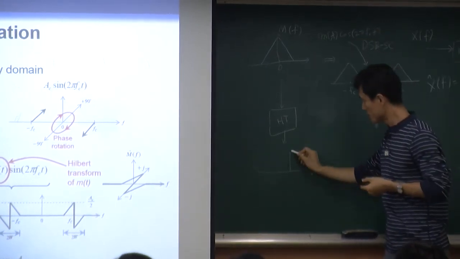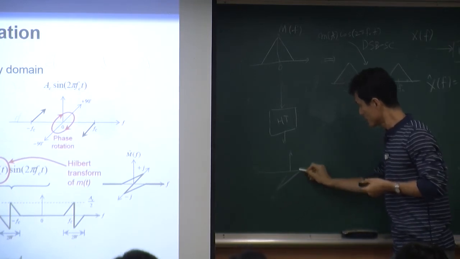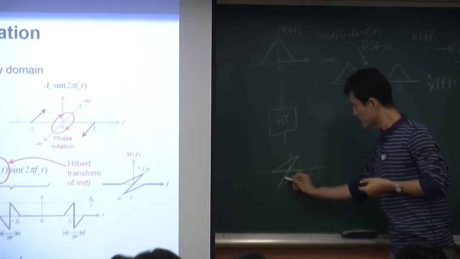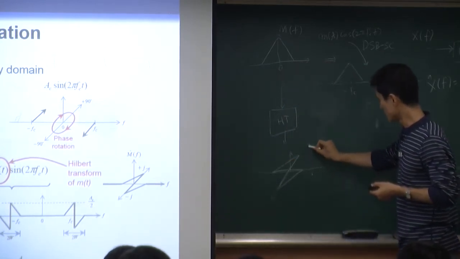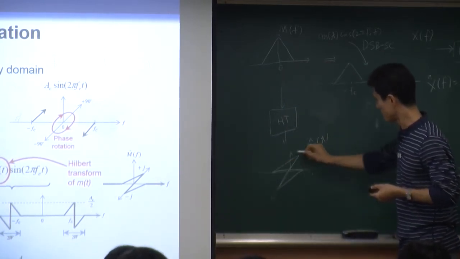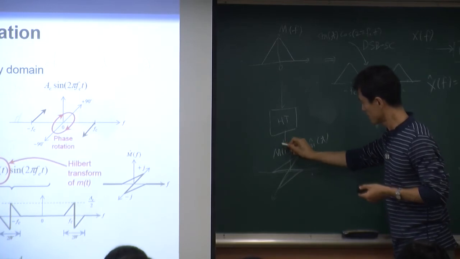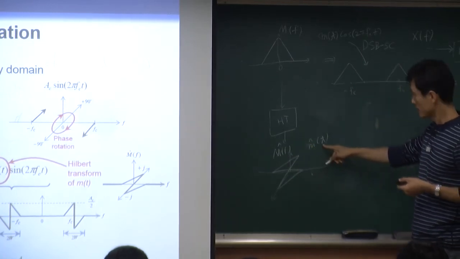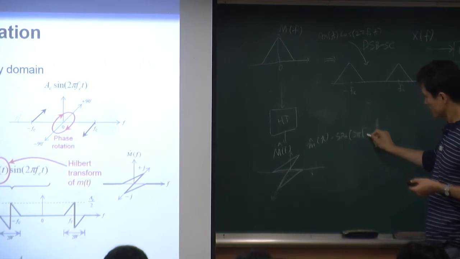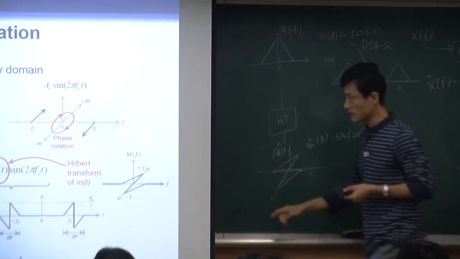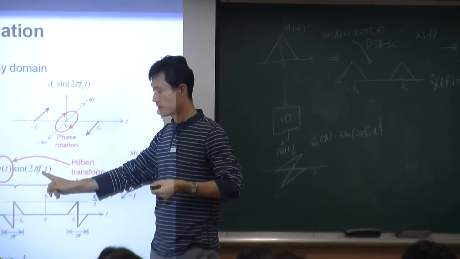Now you get this signal, the Hilbert transform output, and this is m hat t, for example. This is frequency domain, but in time domain it's m hat t. In here, now you're multiplying sine.